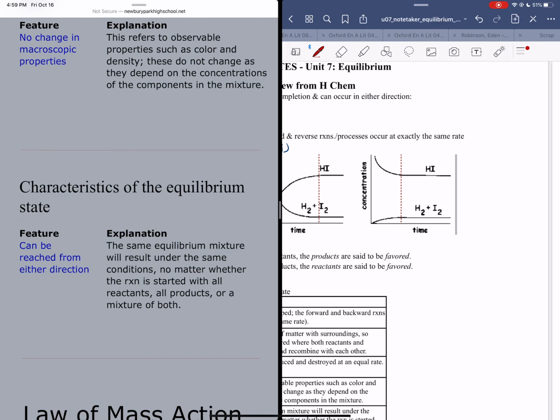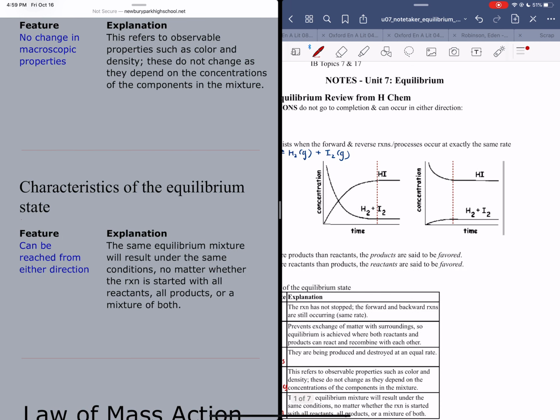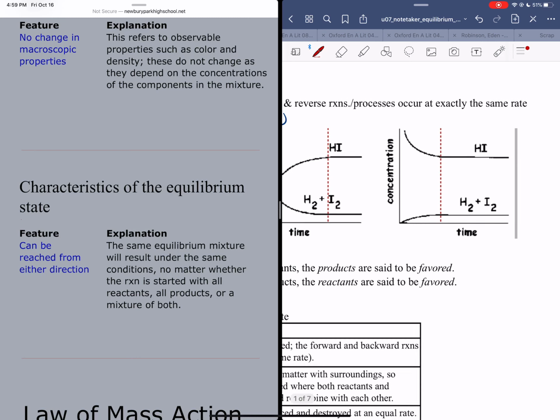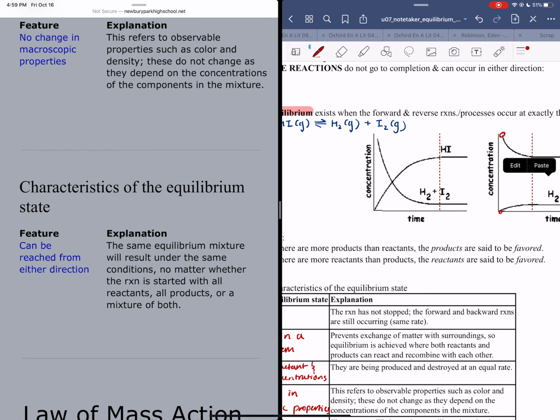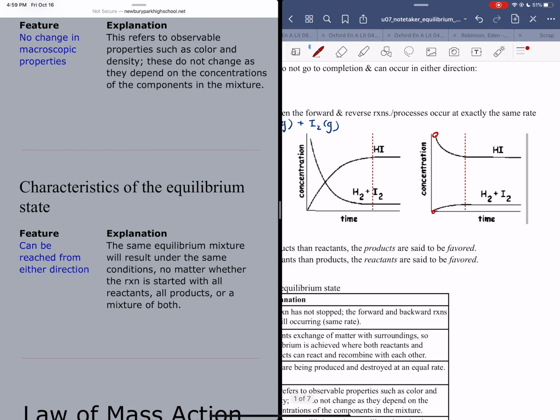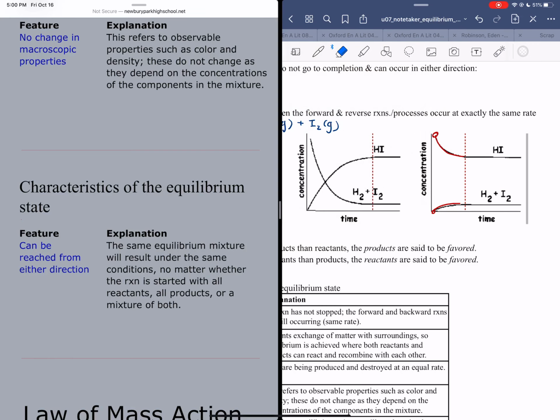The point where the concentrations don't change also indicates a point where the rates of forward and backwards reactions are the same. Now, a similar graph is used here to explain a slightly different situation. We start off with 0 H2 and I2, and we start off with all HI, but as HI, our reactant, decomposes to form H2 and I2, as H2 and I2 increase because HI is decomposing into them, eventually we'll reach a plateau where the concentration doesn't change. This, again, indicates equilibrium, but there's a subtle difference here.